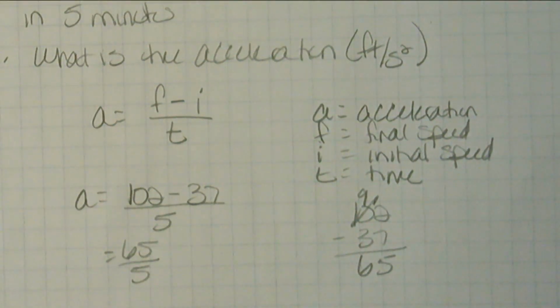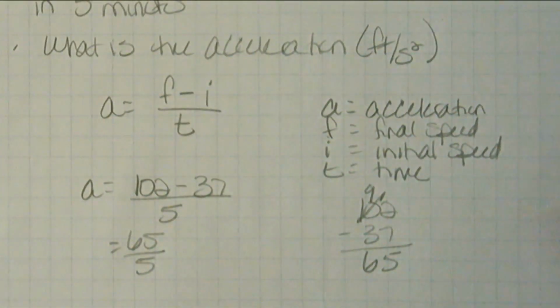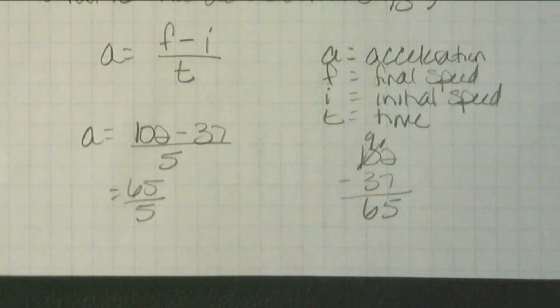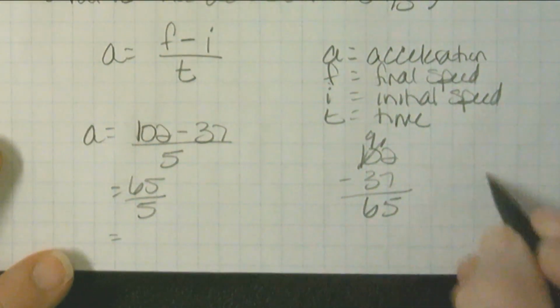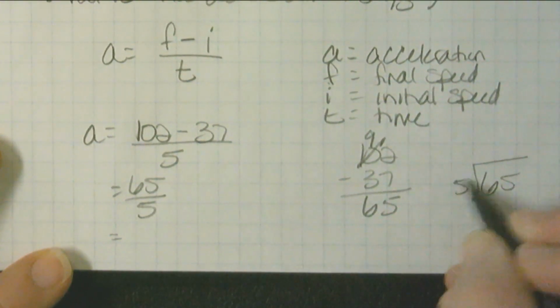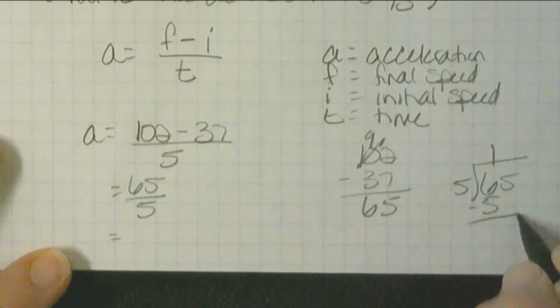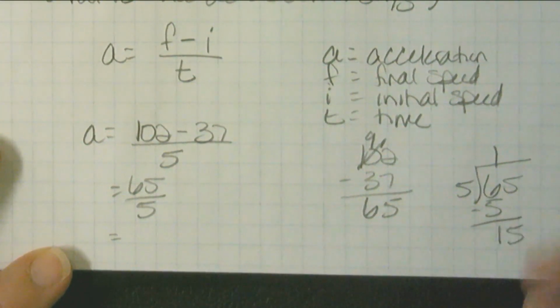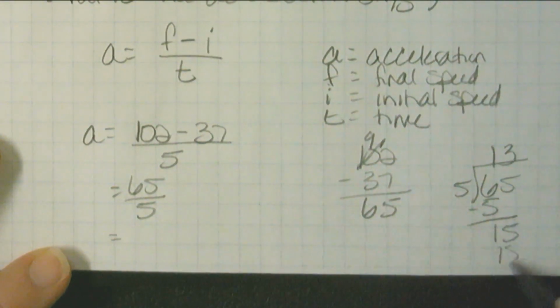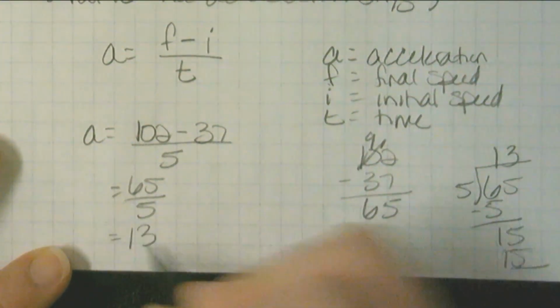And you should have gotten 65 over 5. This is all the work I should expect to see. Then I'm going to do this division. So I end up with 13.